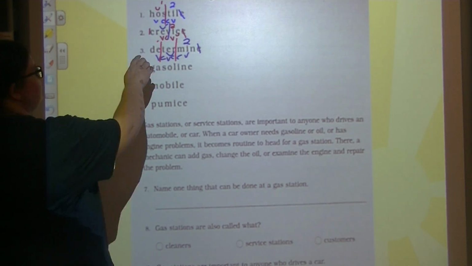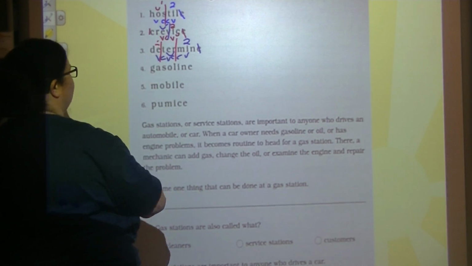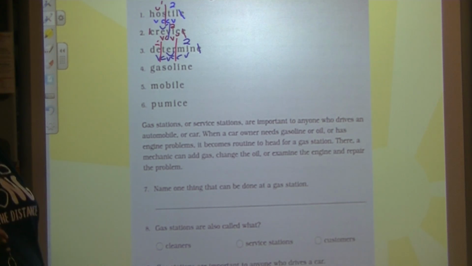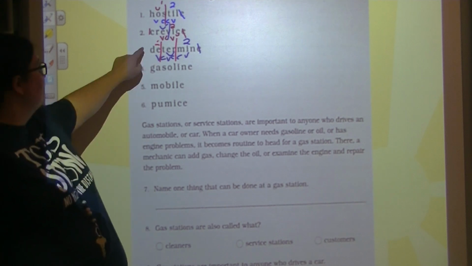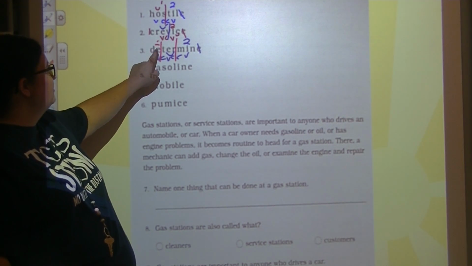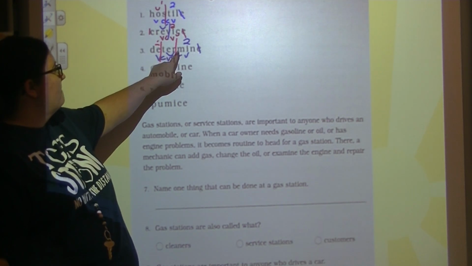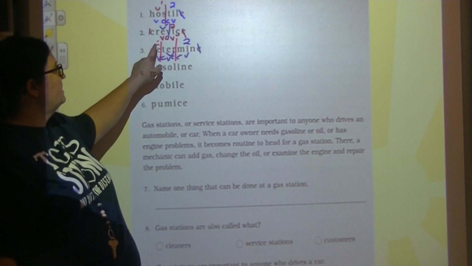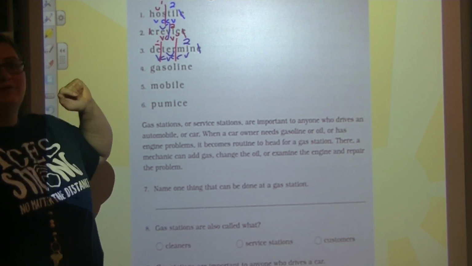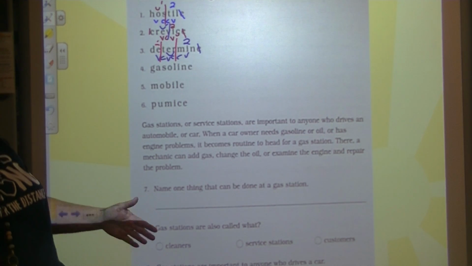All right, so the first one is open, so it's long. Now let's sound it out. Determine. What word? Determine.